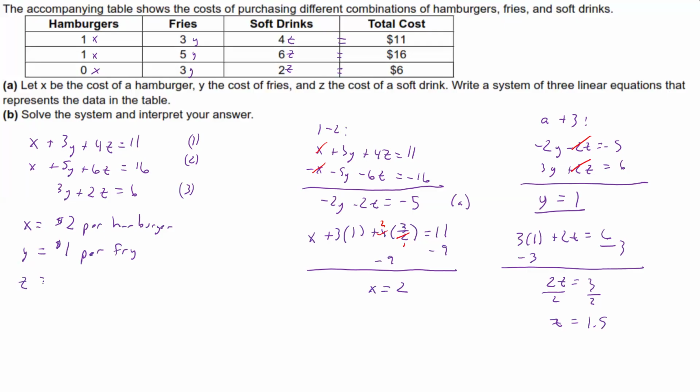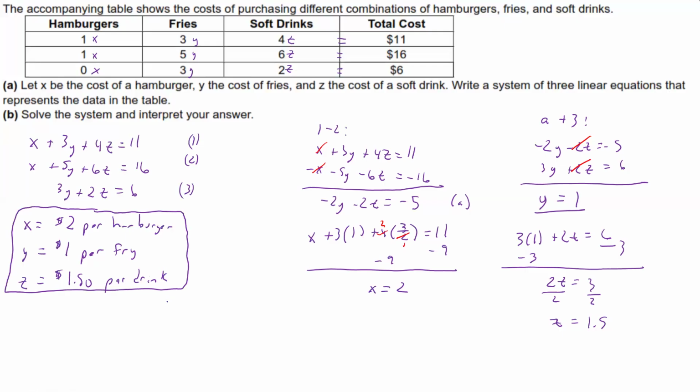And Z is equal to, going back to the decimal form, $1.50 per drink. That is the answer, and that's interpreting the answer: $2 per hamburger, $1 per order of fries, and $1.50 per drink.